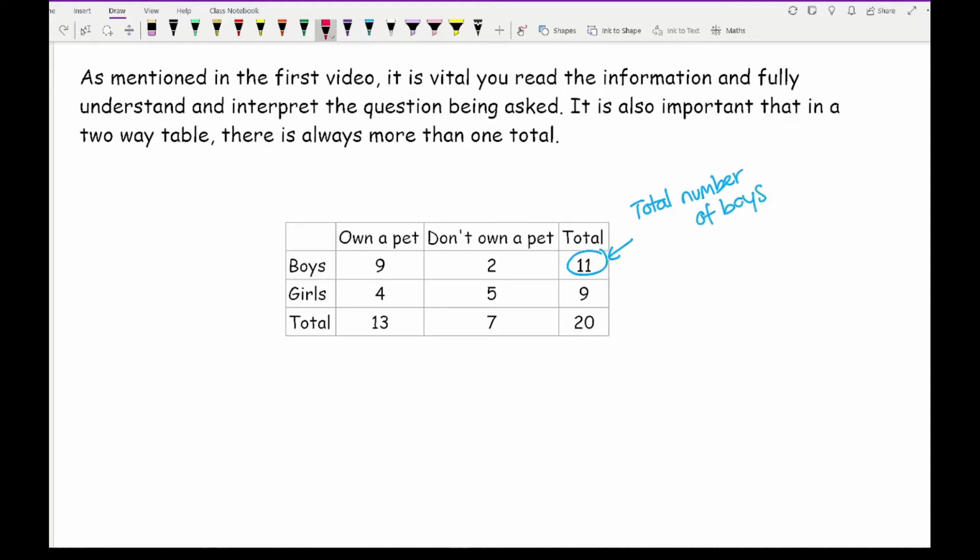And this total here represents the total number of girls. The colour has no reference at all to those two genders. And this 20, in the bottom right corner, will always be the grand total.